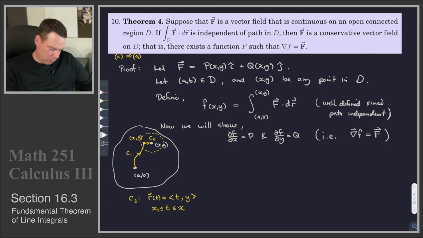So here we go. We're going to start with f of x,y. That is going to be equal to the integral along any path that connects AB to x,y.